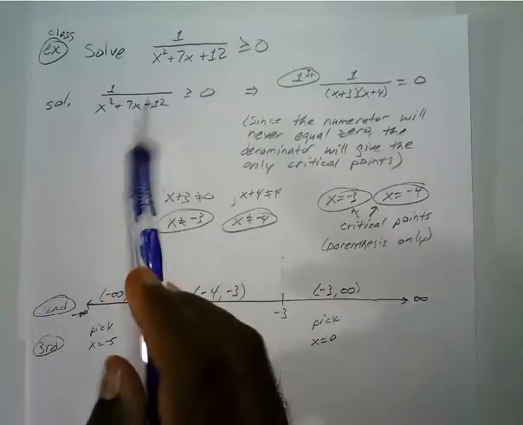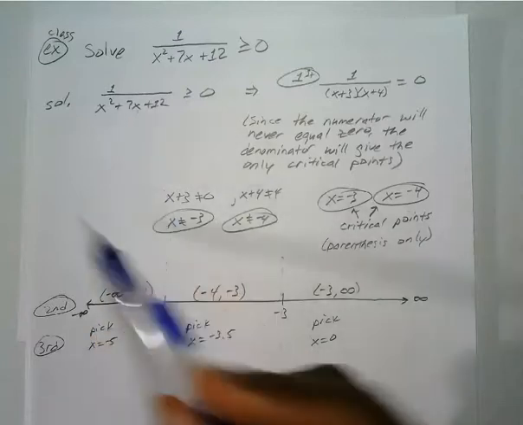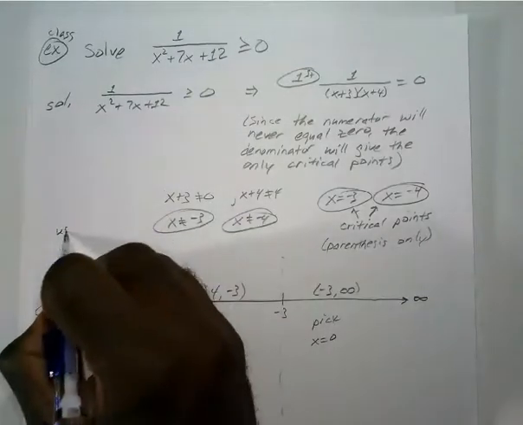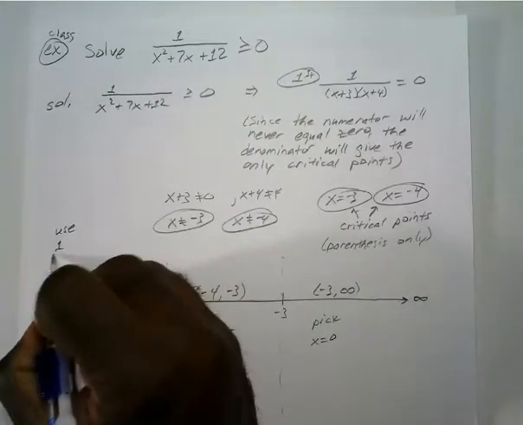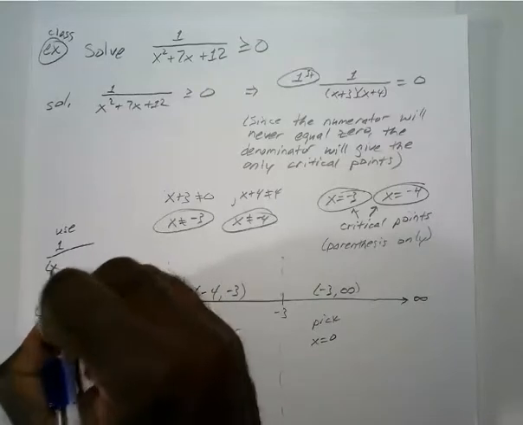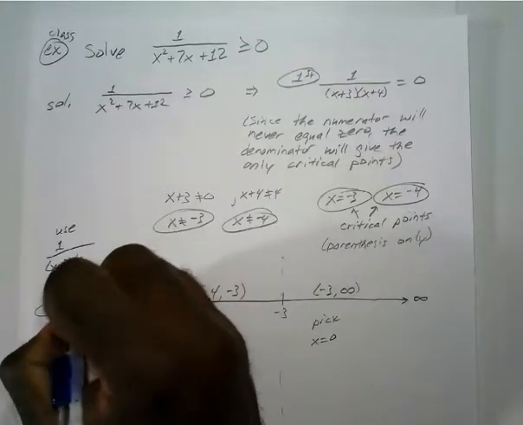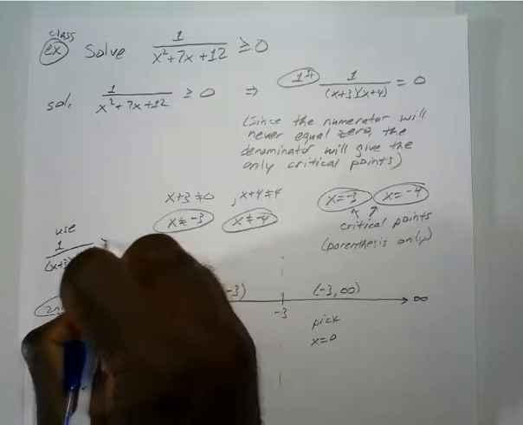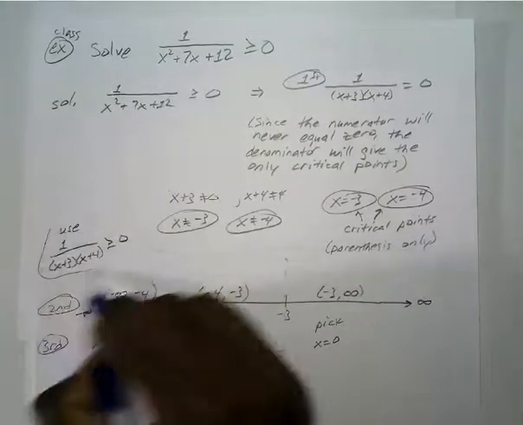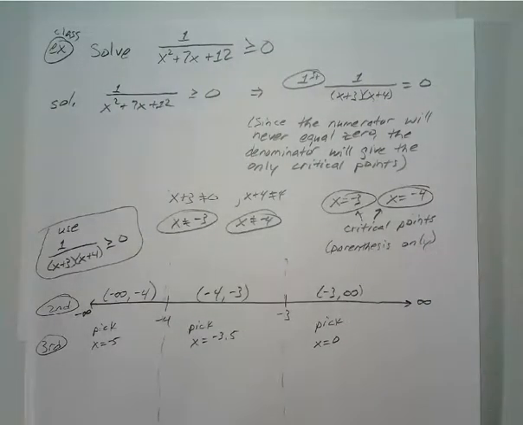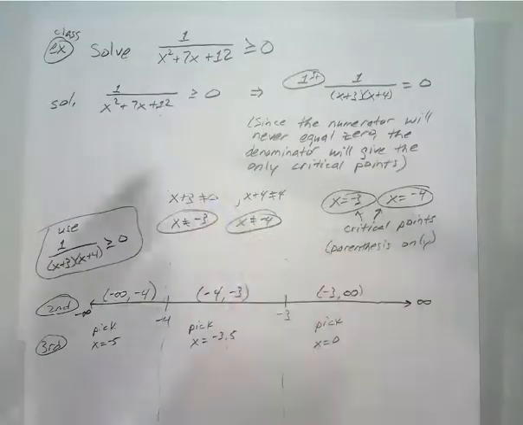Okay. Now remember, you can plug them into that one, but it will be easier to use 1 over x plus 3 times x plus 4 is greater than or equal to 0. Okay, same thing, it's just we factored the denominator.